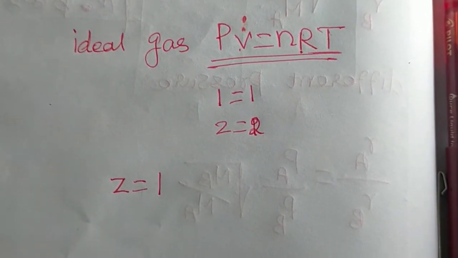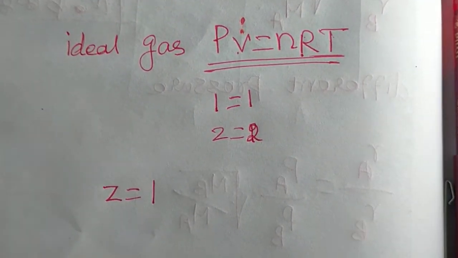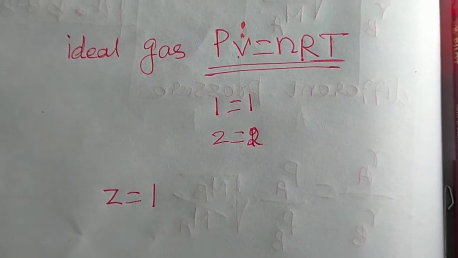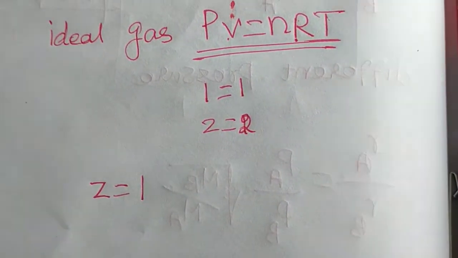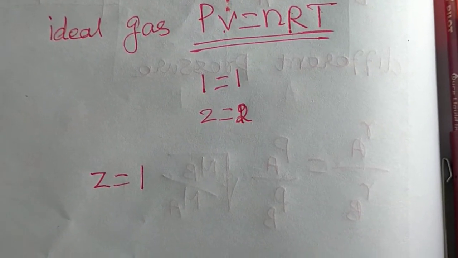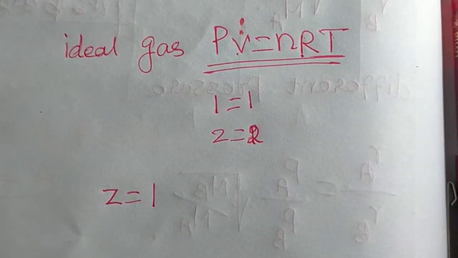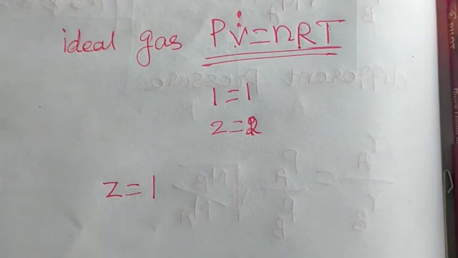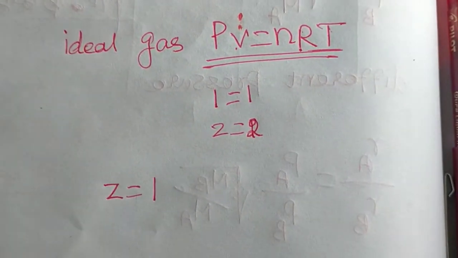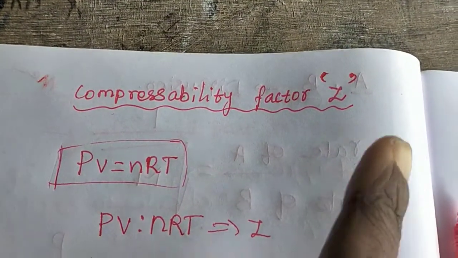How do you reduce the volume occupied by the gas in the vessel? By applying pressure and reducing the temperature, you can easily compress gas molecules. That's why we call this the compressibility factor.